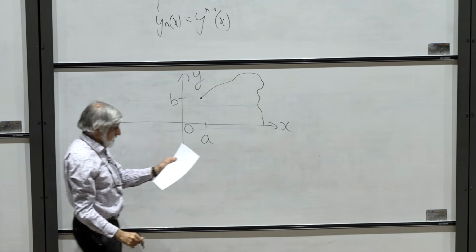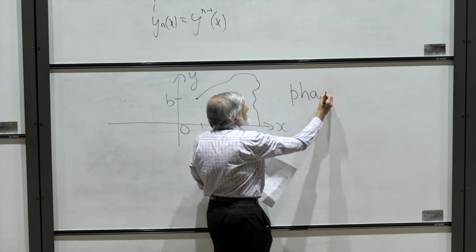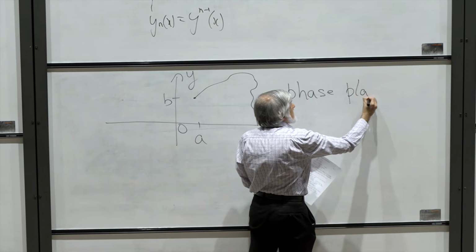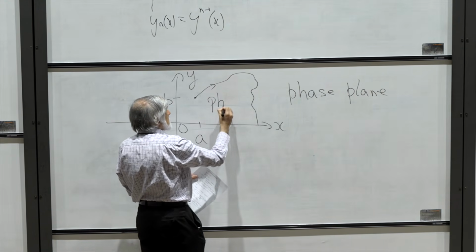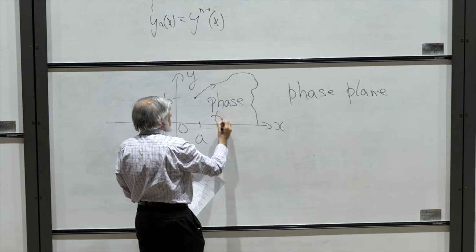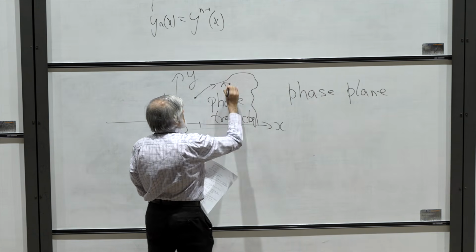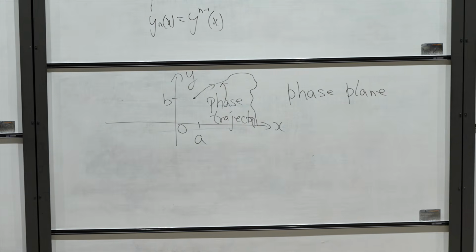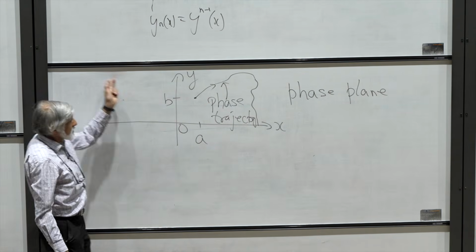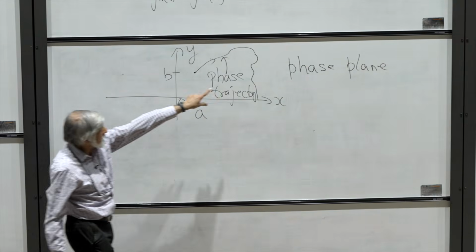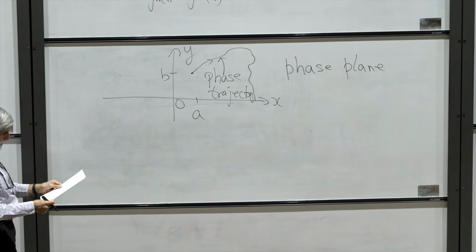Okay? And this is called the phase plane. And this is the phase trajectory. Obviously if you're drawing a phase plane, you don't put the phase trajectory slap bang in the middle of the phase plane. That's just me showing that it is there. Okay?